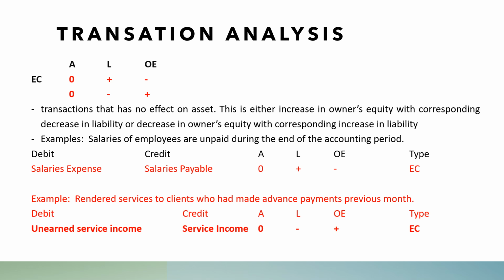Liabilities decreased because we debited unearned service income, that is a liability account title. And liabilities decrease on the debit side because its normal balance is on the credit side. And then owner's equity here is positive or increased because we credited service income, and service income increased has an effect of increasing owner's equity.